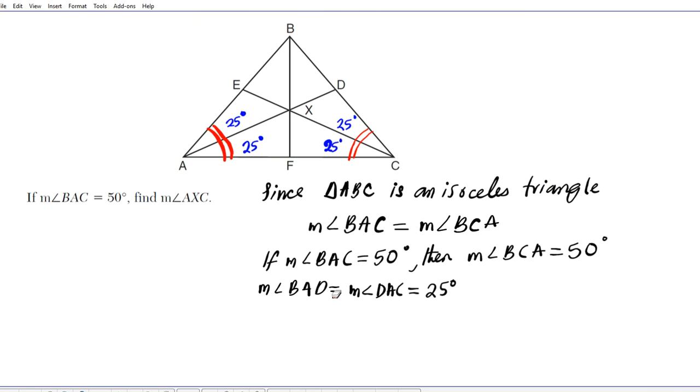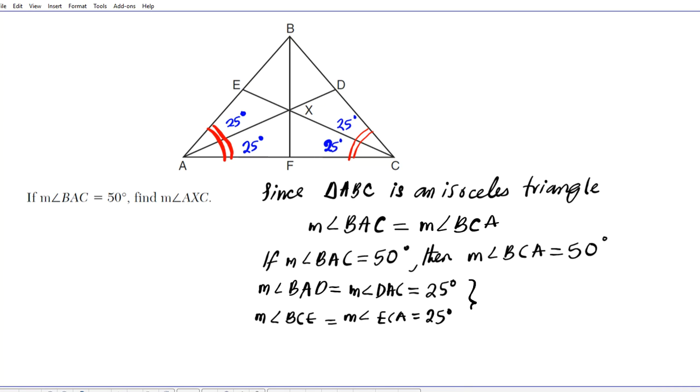And we can also say that the measure of angle BCE right here is equal to the measure of angle ECA, and they're both equal to 25 degrees.